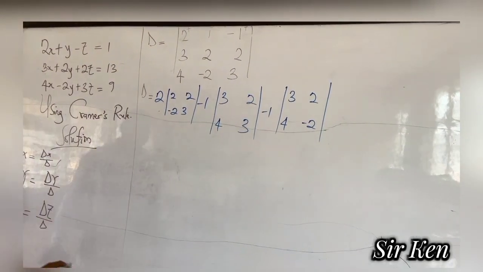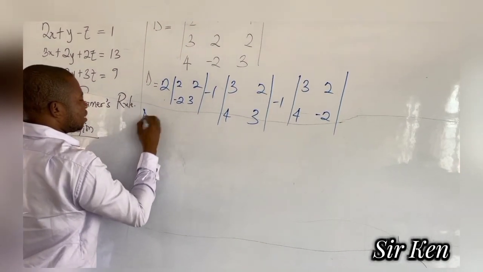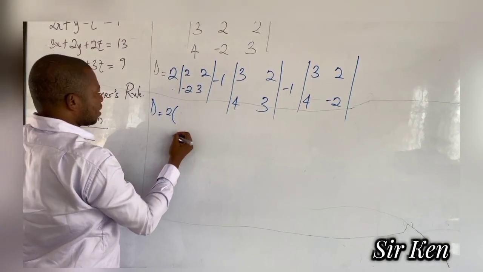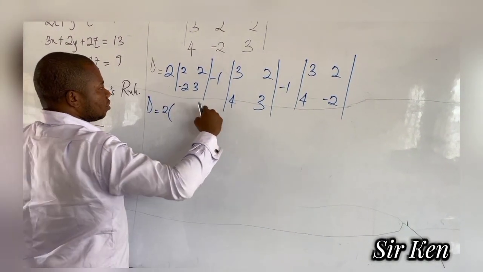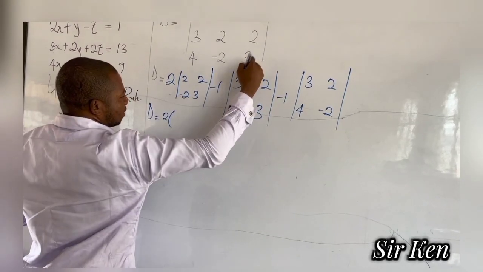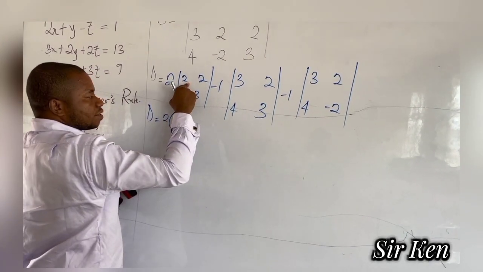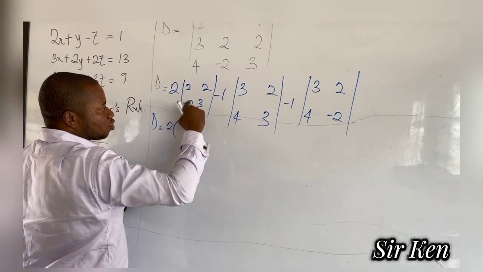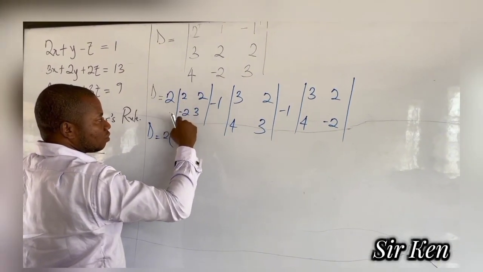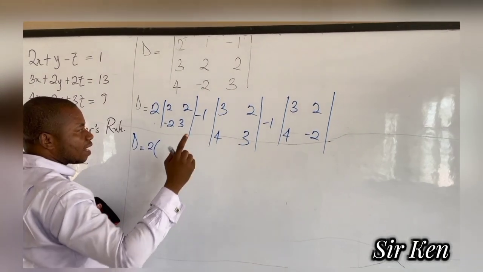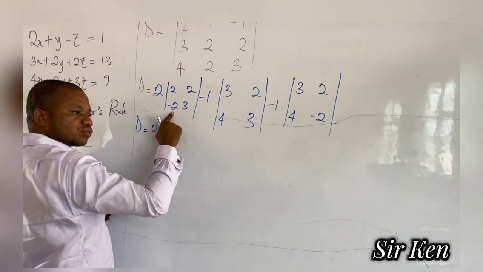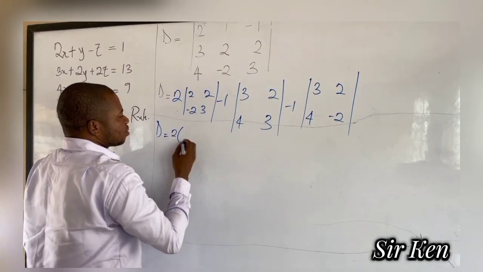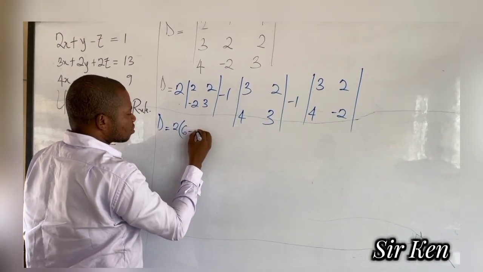Now, getting our determinant, it is as good as saying 2 into bracket. See how it goes: we multiply like this and then like this. 3 times 2, 6. You minus whatever you get from this side, so 2 times minus 2 gives minus 4. So it becomes 6 minus 4.